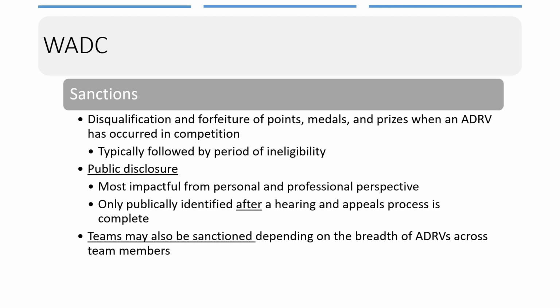So when it's being talked about in public, it is really the final call. And in cases where multiple team members commit violations, teams may also face sanctions reflecting the collective responsibility in maintaining clean sport and discouraging doping across those team environments.